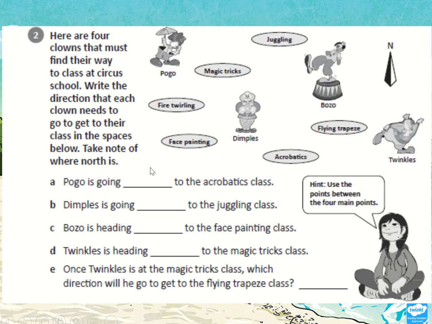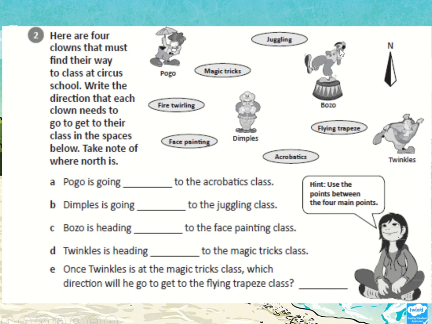Pongo is going to the acrobatics class. Now, you need to have a think about it. Is Pongo going north? No. If he was going north, he'd be going up because that's where our compass is, up here. Is he going south? No, because then he'd be fire twirling.